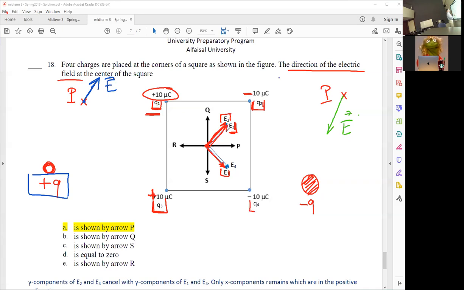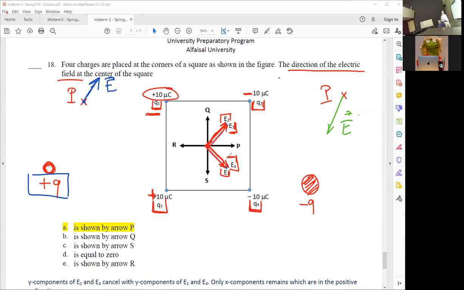And the last one, Q4, is also negative. Q4 is negative, and the field is going to be inward towards the charge. So Q4 will generate electric field E4. Here it is, E4, and it's inward towards the charge.